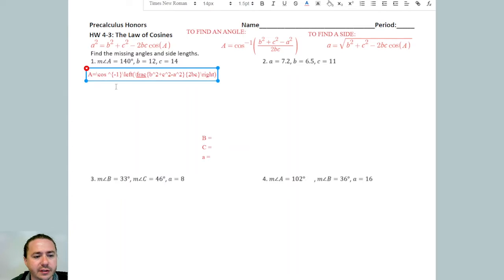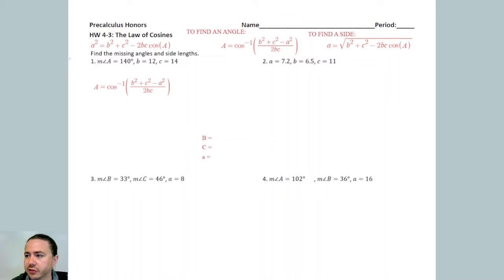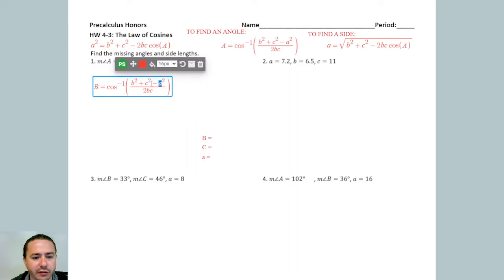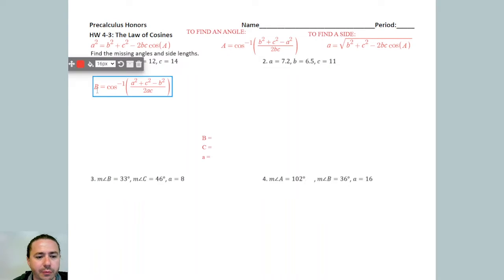Now notice this is set up for angle A, and we need it set up for angle B. So we're going to modify this just a little bit and solve for angle B, which means I'm going to swap A and B in every instance in the equation. So angle B, and this needs to change to B, this needs to change to A, this needs to change to A, okay? So now we've got it set up for angle B.